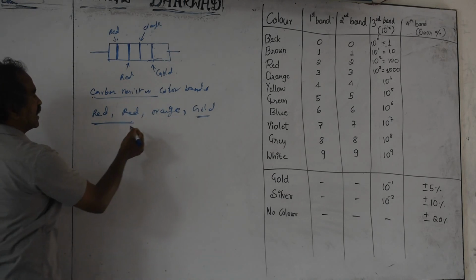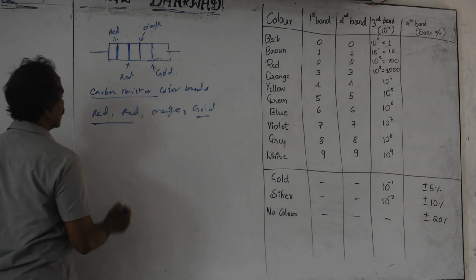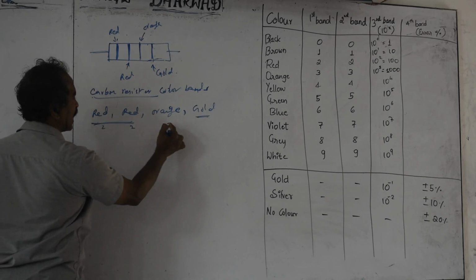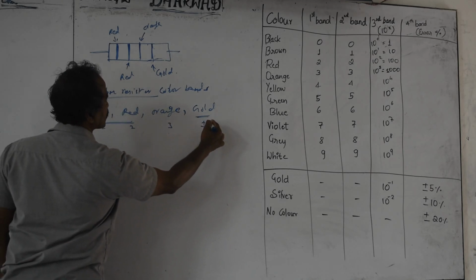If I give red, orange and gold, then what is the value of the resistance? The first band red is 2, the second band is also 2, the third band orange is 3 as the power of ten, and the tolerance is plus or minus 5%.